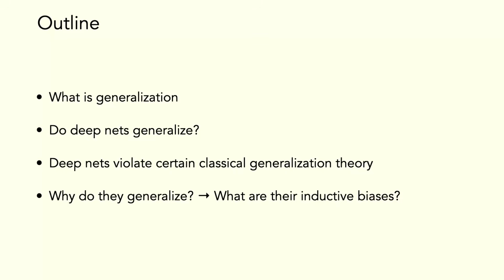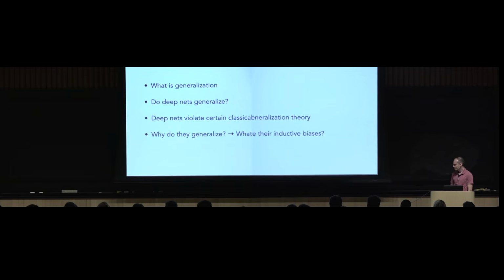And I've already given away the answer that to some degree, deep nets do generalize. So why? What does this tell us about their inductive biases and preferences toward solutions that will generalize over solutions that simply fit the data but don't generalize? OK. So that's the outline.